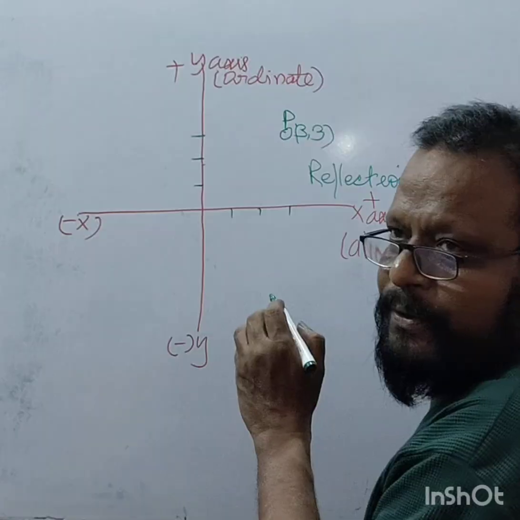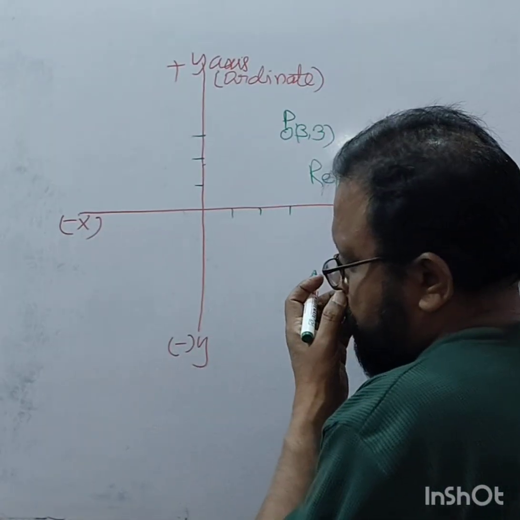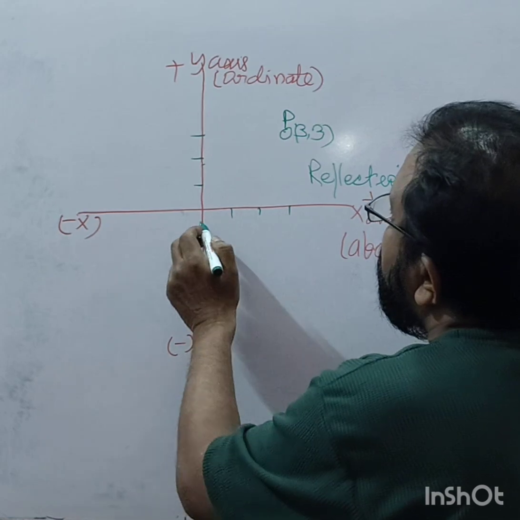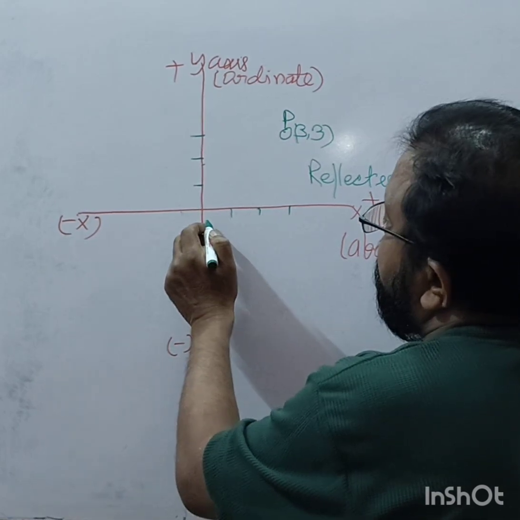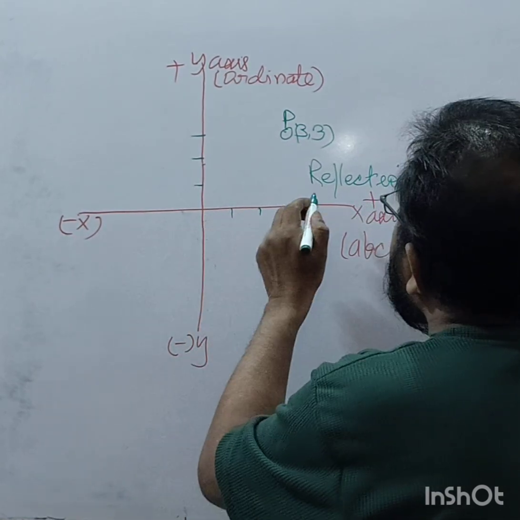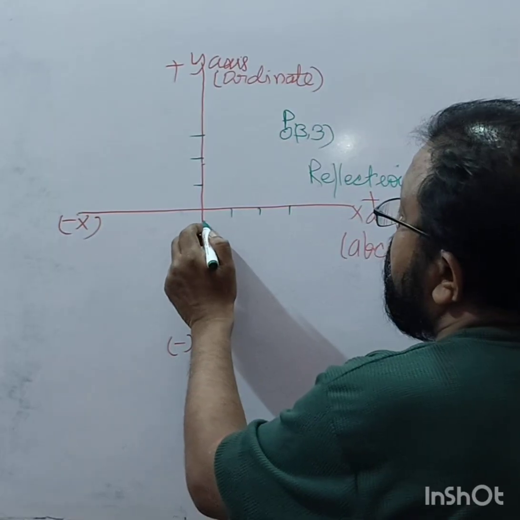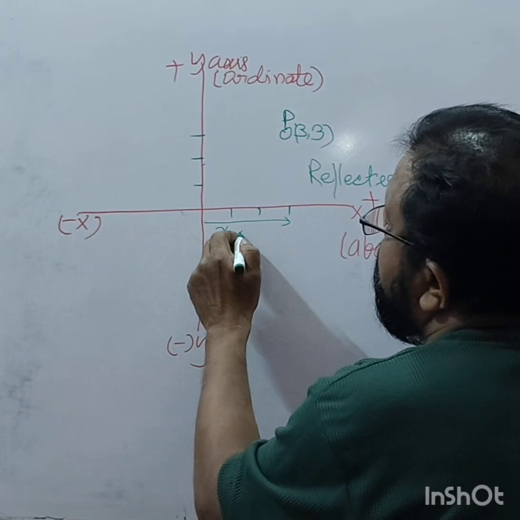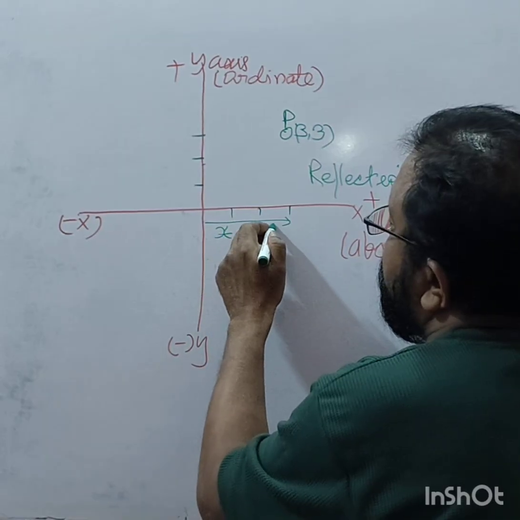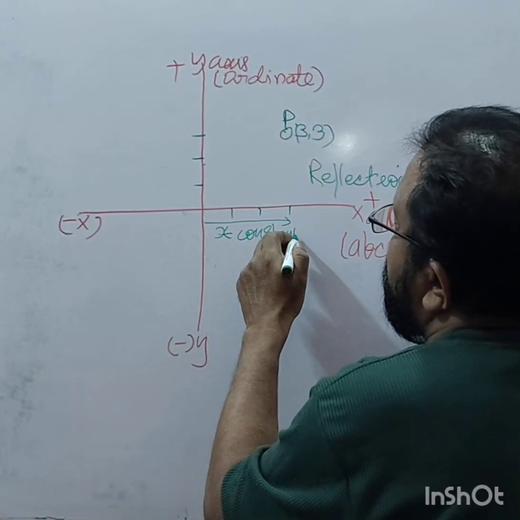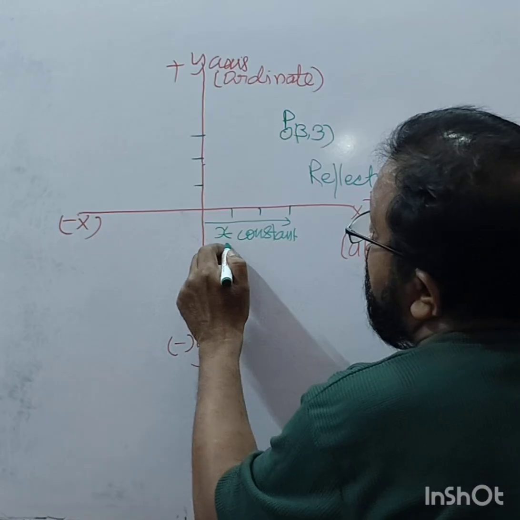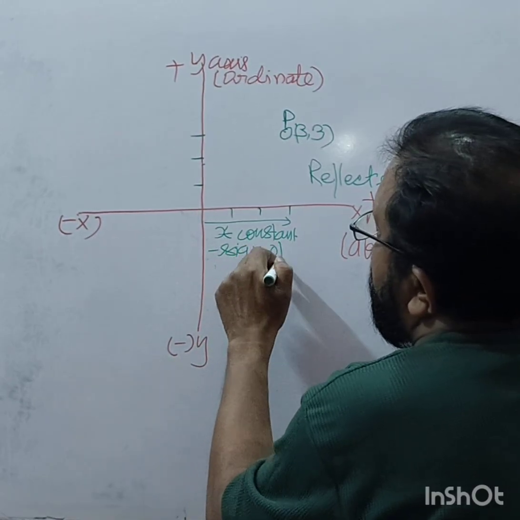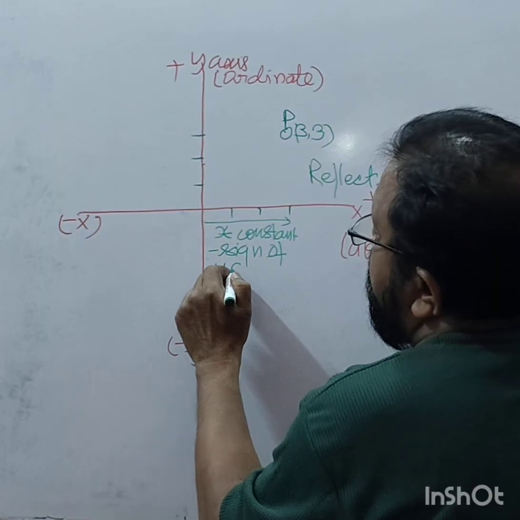When reflection is through the x-axis, x is constant and the sign of y gets changed.